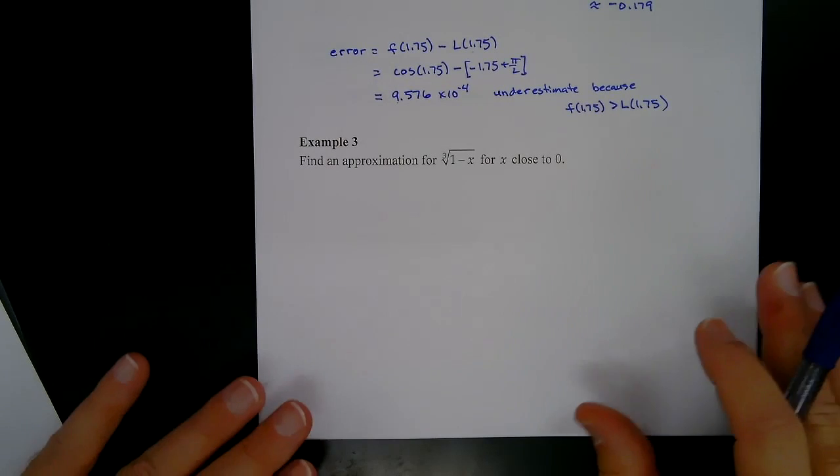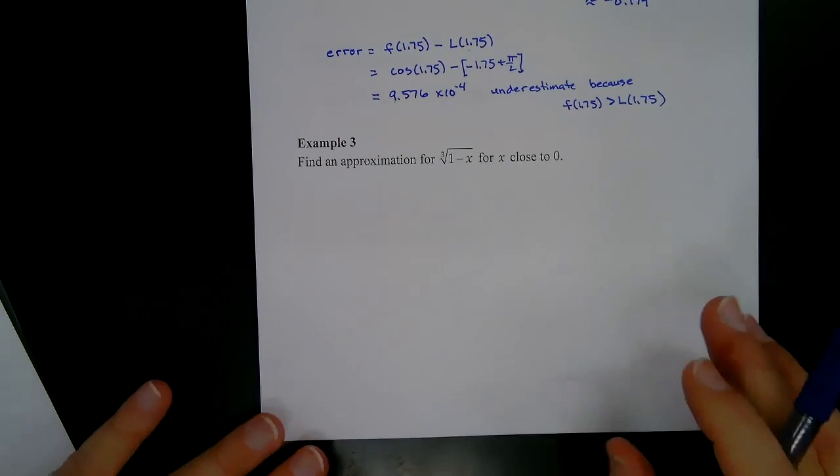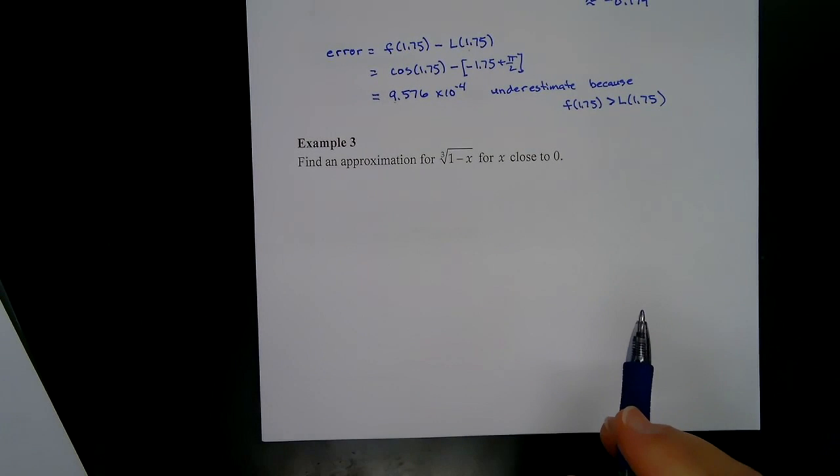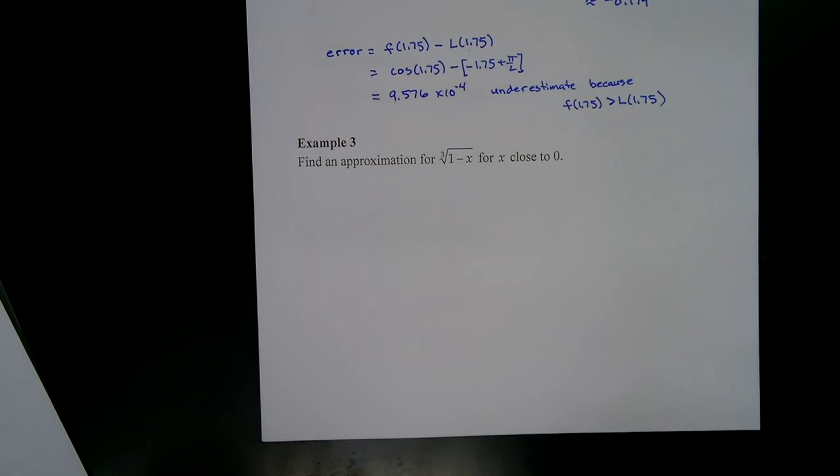This is actually more like what you're going to see on the AP exam and in my final. Find an approximation for the cube root of 1 minus x for x really close to 0. And then you'd say something like, then use it to approximate x equaling 0.02.